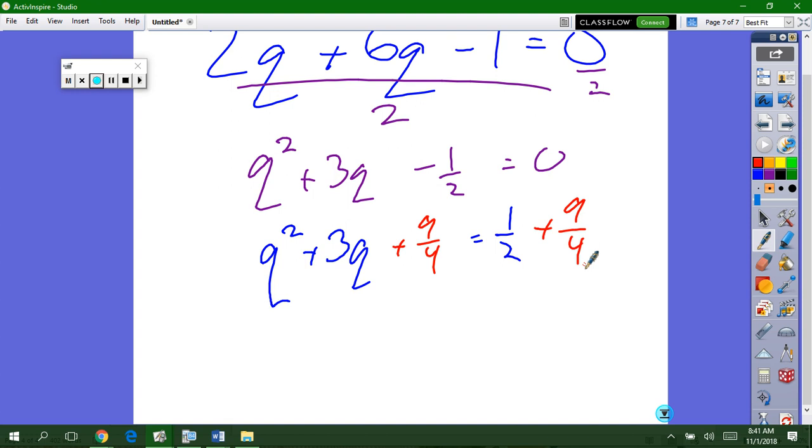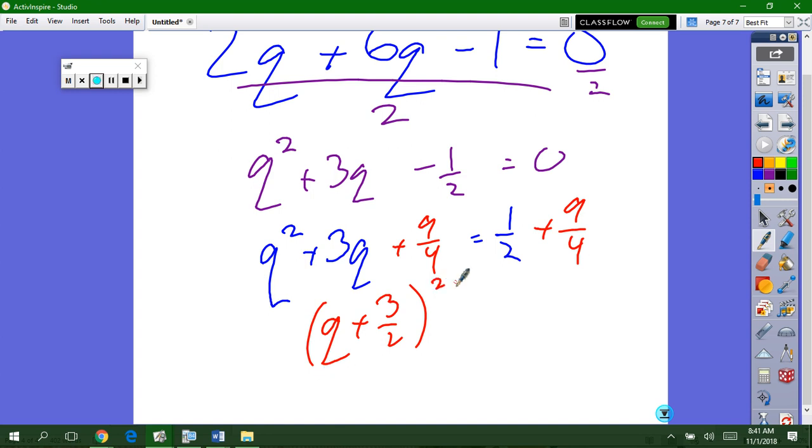If you recall from our previous work, take half of it and then square it. Take half and square it. So what does this side become? That's our perfect square trinomial squared. So this is just q plus 3 halves. I told you.